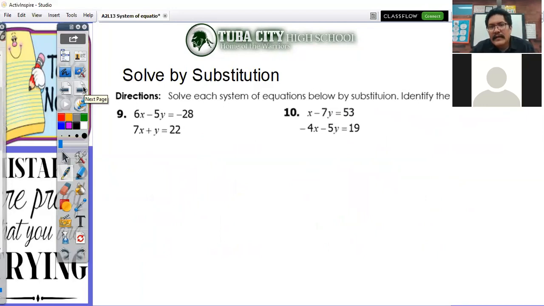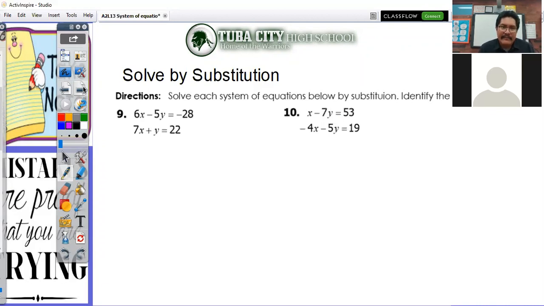Now, with number 9, there's a bit of a problem, and that is we don't have any of the variables solved. So x or y, neither of them are by themselves, which means that we are going to have to solve one of them. And if we look at the top equation, I have two options. I can either divide both sides by 6, so that way the x would be by itself, but then I'd have 5 over 6 and 28 over 6 as fractions.